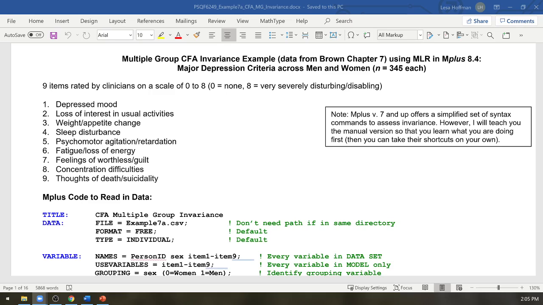Because that might be why it's wrong too. Yes. At the very bottom of your output, it tells you the names of the columns in the order of whatever files that it creates. So if you ask for factor scores, you'll get a listing of what the columns mean in the outputted data set. But for this, I hadn't intended that you actually get a data set that has information saved to it.